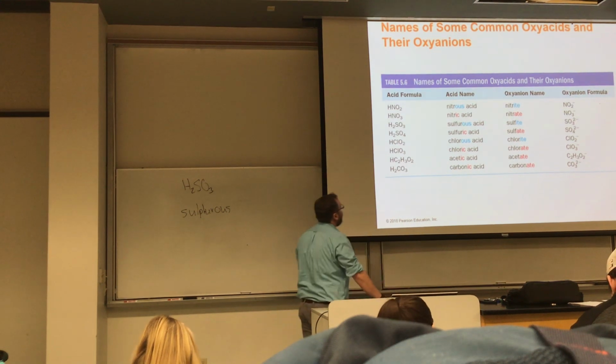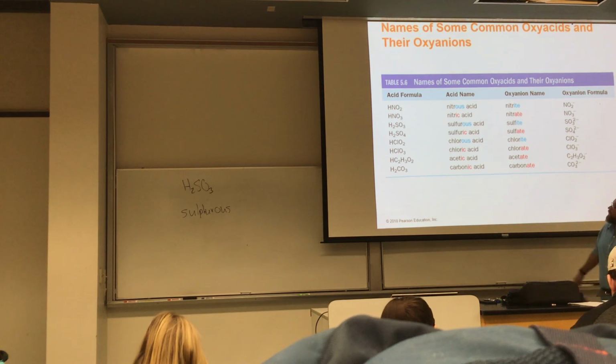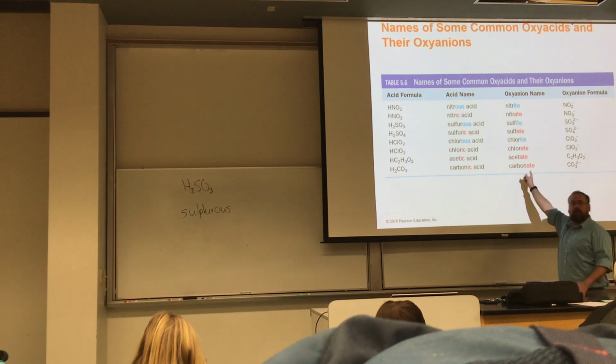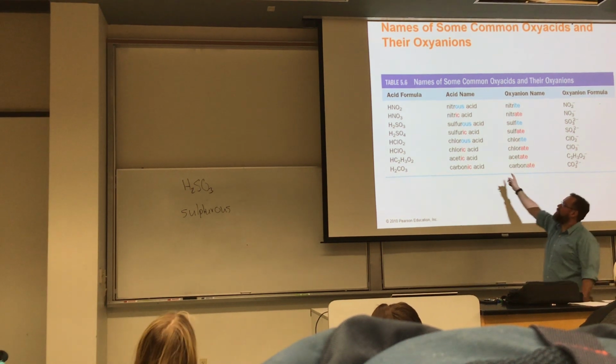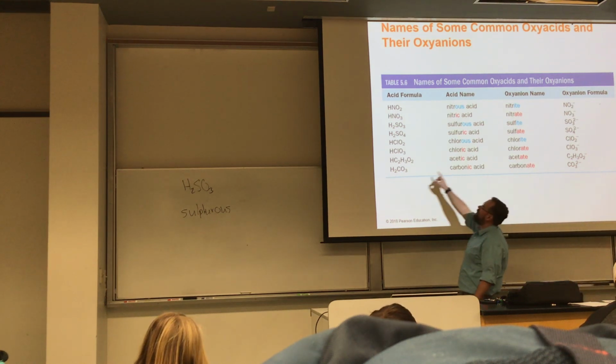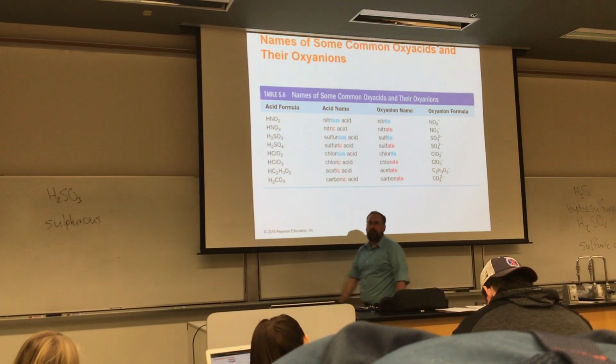So here is a list of our oxyanions in their base form, or in their ionic form versus their acidic form. And so you can see, if we recognize this part, where all of them start with a hydrogen, that's a good clue that we're dealing with an acid.